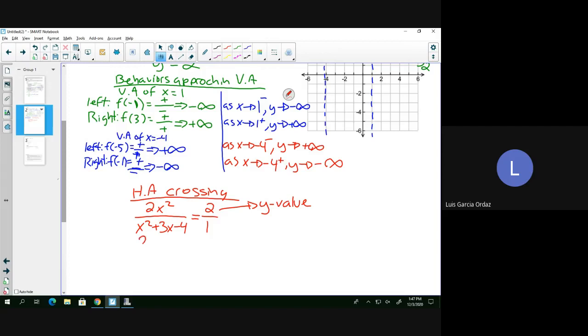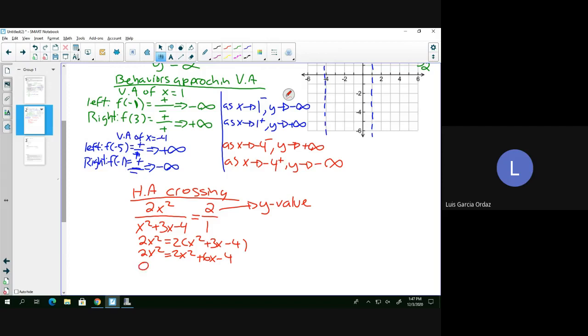So all we're going to do is cross multiply first. So we got 2x squared is equal to 2 times x squared plus 3x minus 4, which gives us 2x squared is equal to 2x squared plus 6x minus 8. Okay, we want to set one side equal to 0.